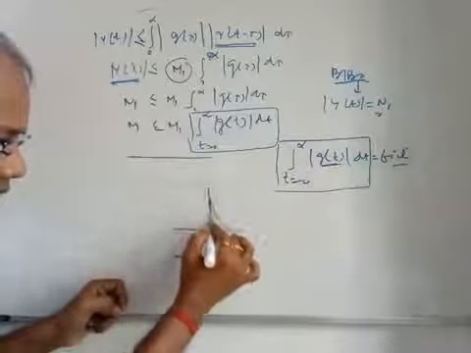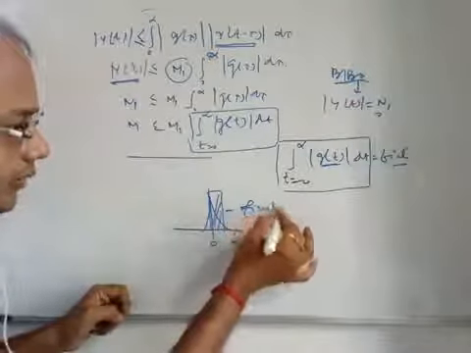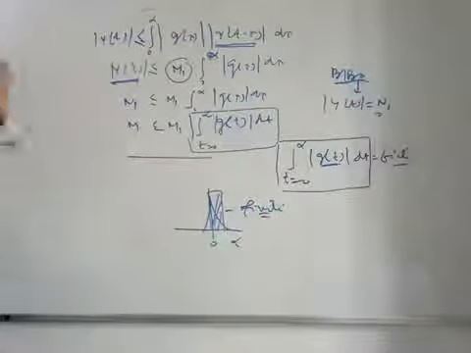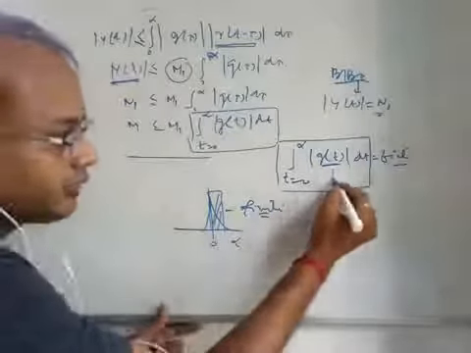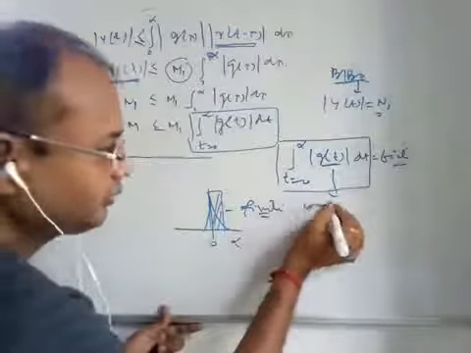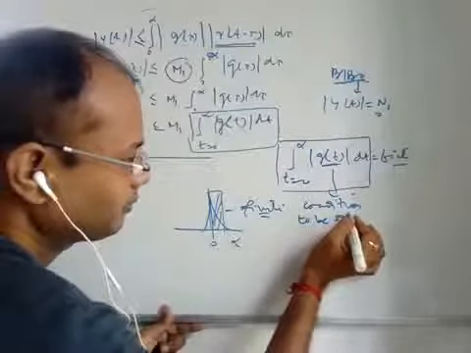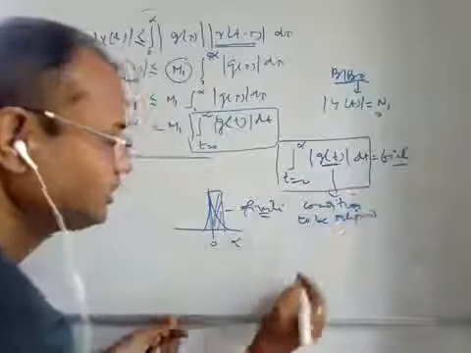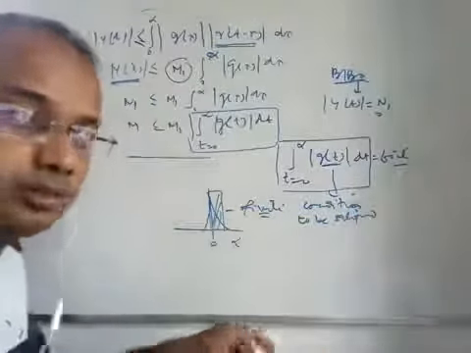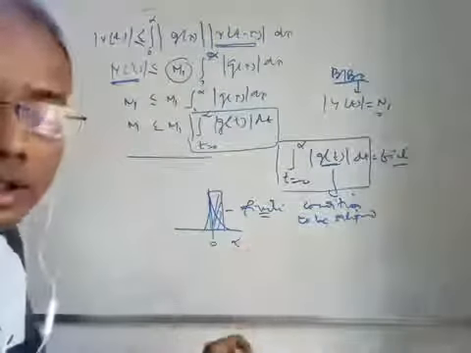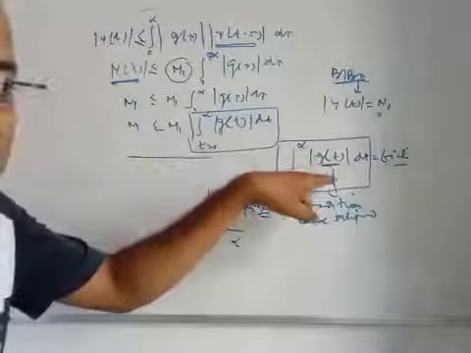So this area must be finite. If this is finite, then the system will be BIBO stable. That means this condition needs to be satisfied. If it is satisfied, then if you apply a bounded input, only then are you going to get a bounded output, right? So this is related to the impulse response characteristics.